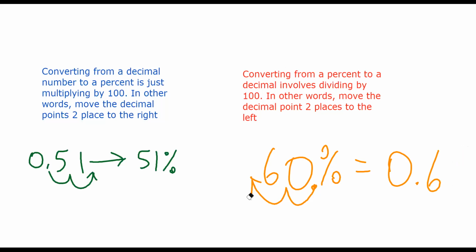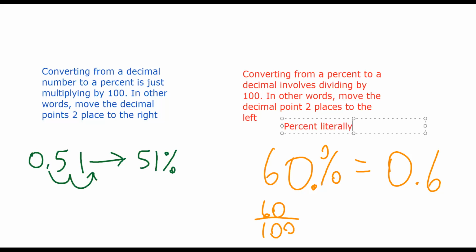If you want to think about it like this, again, the dividing by 100 is almost semantics. That's what's secretly happening. But if you just remember to move the decimal point the right number of places, then you'll be fine. But technically, 60%, percent literally means per 100.